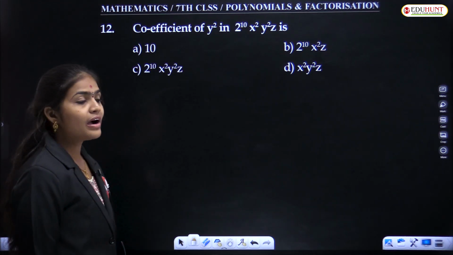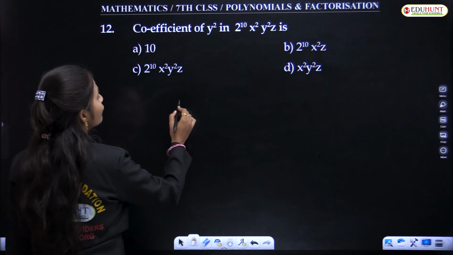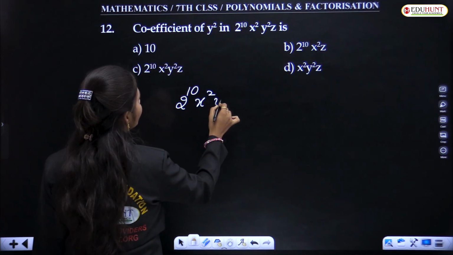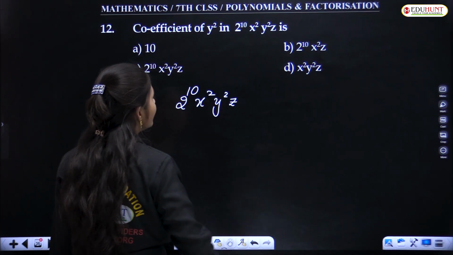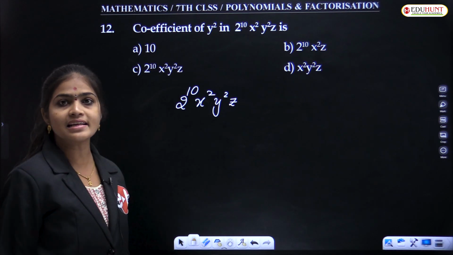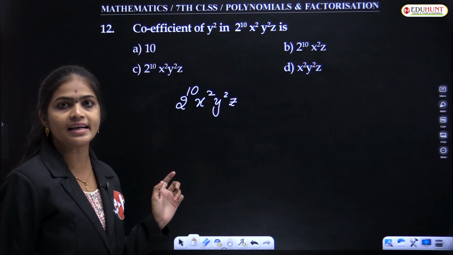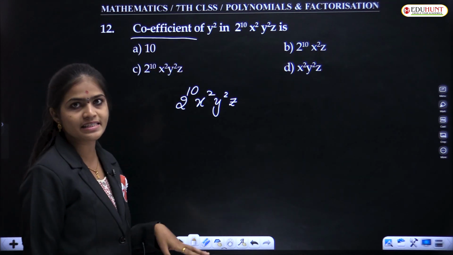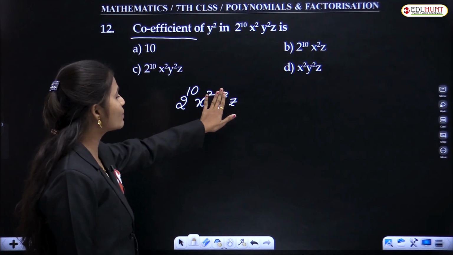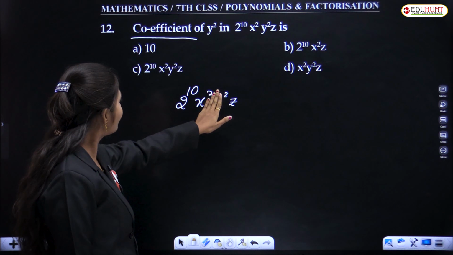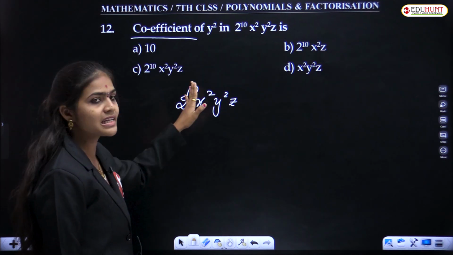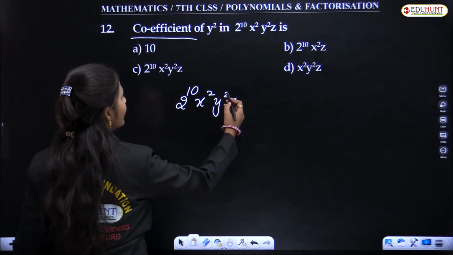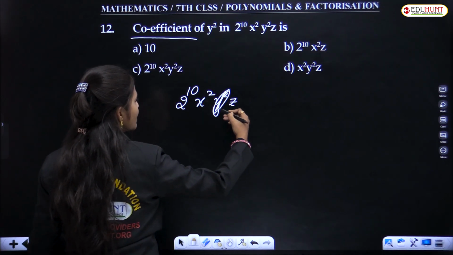Coefficient of y square in 2 power 10 x square y square z. Here they are asking for the coefficient. They didn't ask for the numerical coefficient or the literal coefficient, just the coefficient of y square. Leaving out y square, the remaining variables and constants are the coefficient, no?